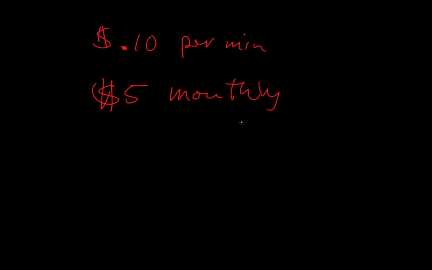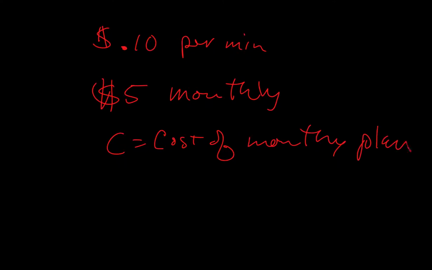Write a function that shows the cost of the monthly plan C as a function of time t. So it says C is the cost and t is time, or like number of minutes that you use the phone.